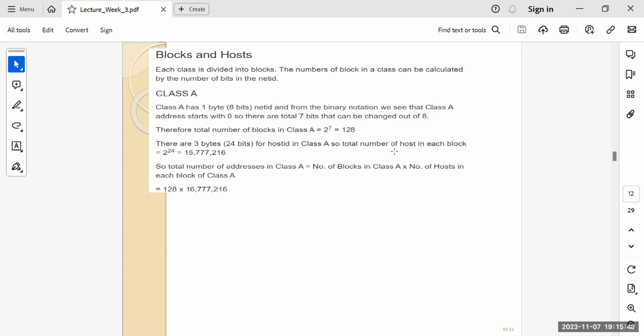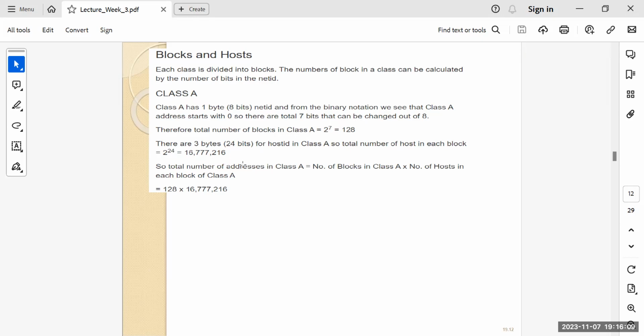So I'm creating the same analogy that I spoke of before. I live in Georgetown. There are 128 blocks in Georgetown. In each block, there are these many houses, right? Each house has a unique address.